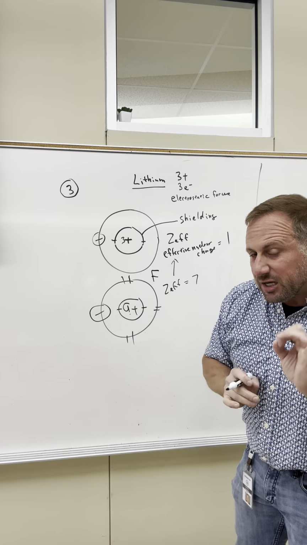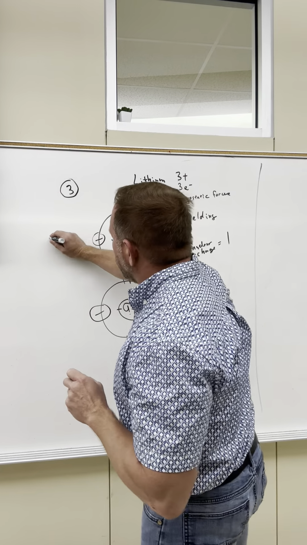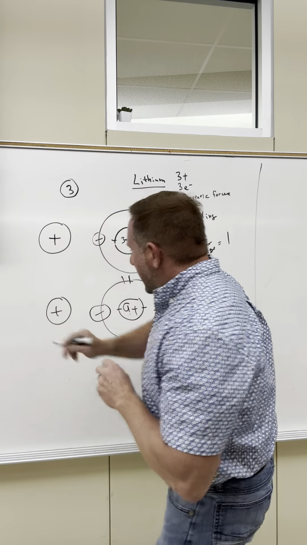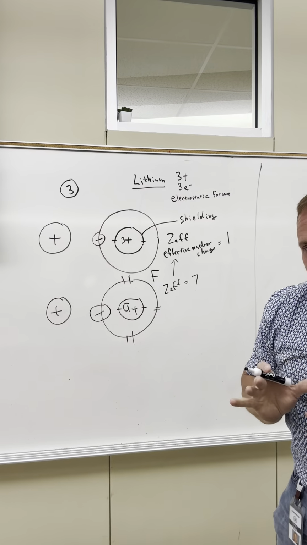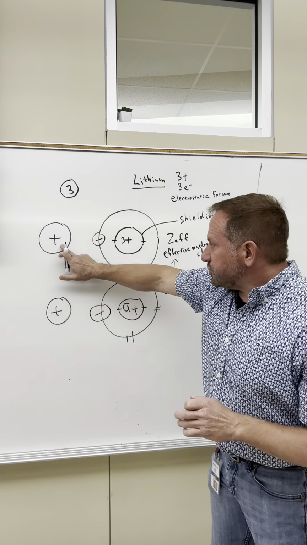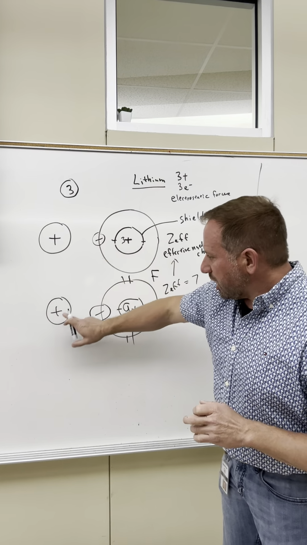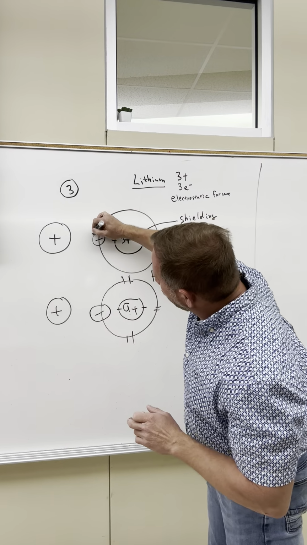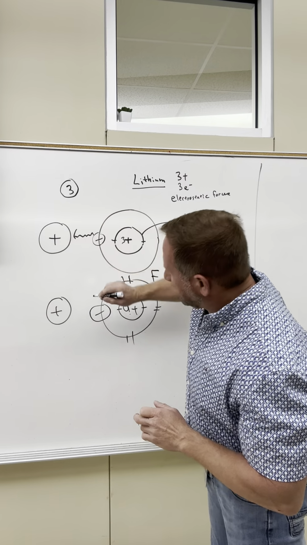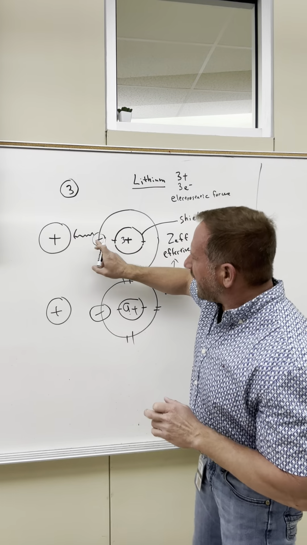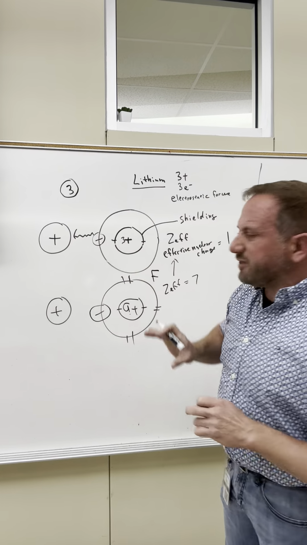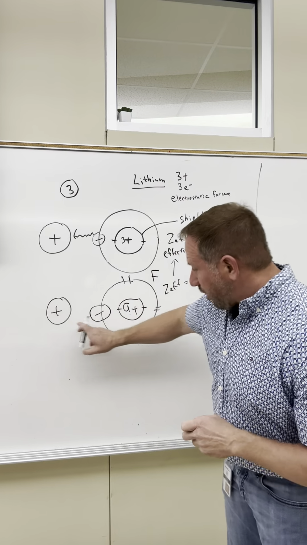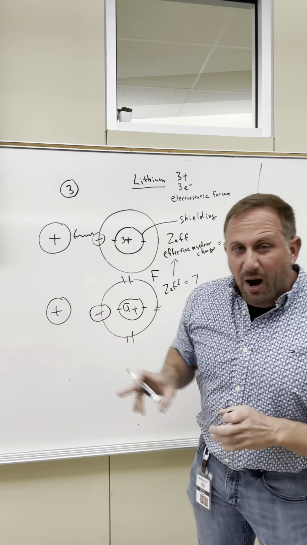So imagine if something comes by, a positive charge, and says, hey, I'm a positive charge, you're a negative charge. I'm going to attract you to me and possibly pull you away. I'm going to pull you off of this atom and make you mine.